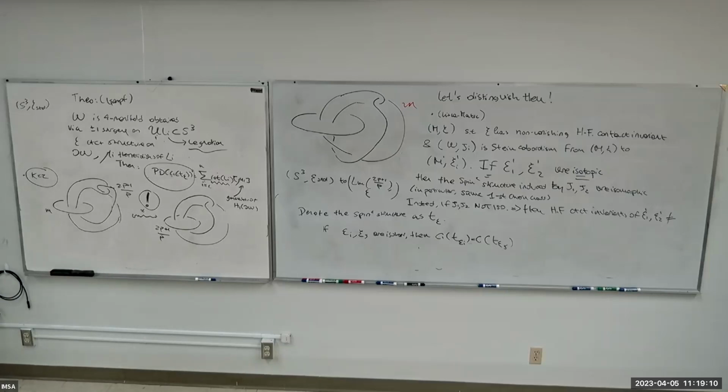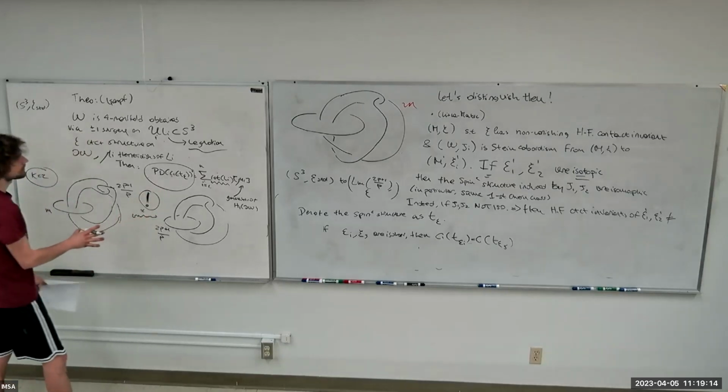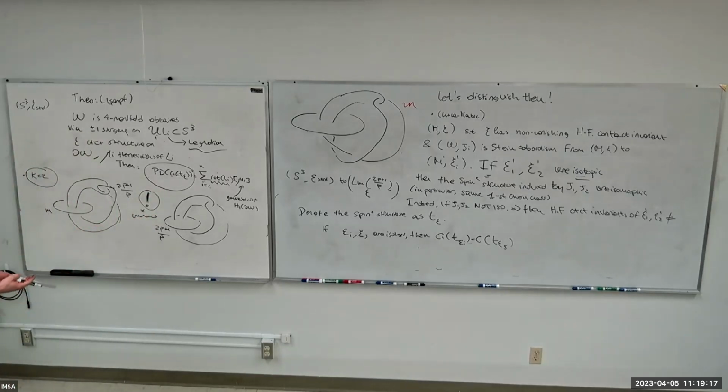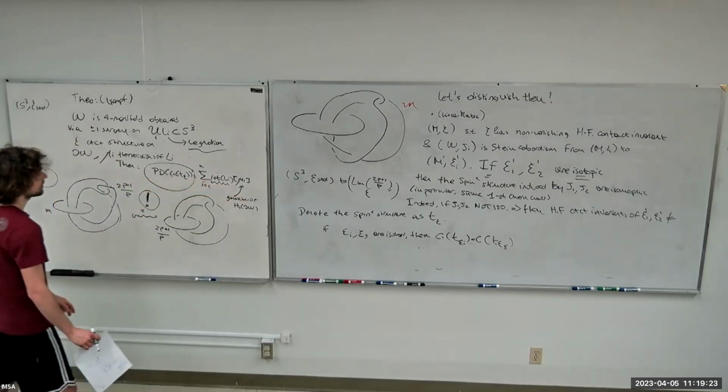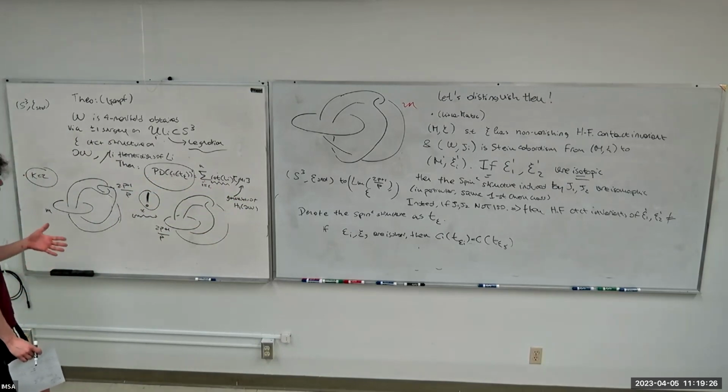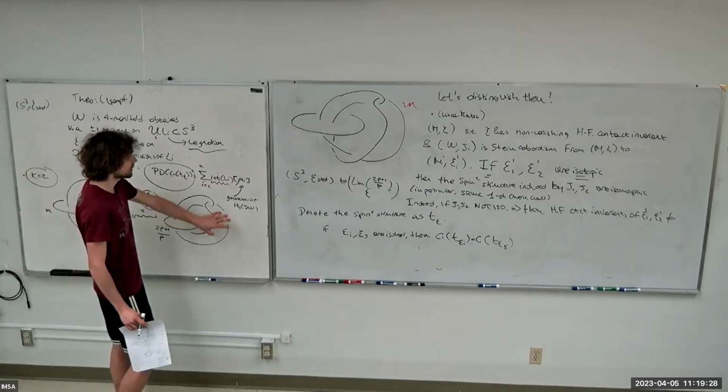One thing that is kind of important is that I could use this result to directly show that, yes, different stabilization choices in between the two families of tight contact structures that I constructed will give me non-isotopic tight contact structures.